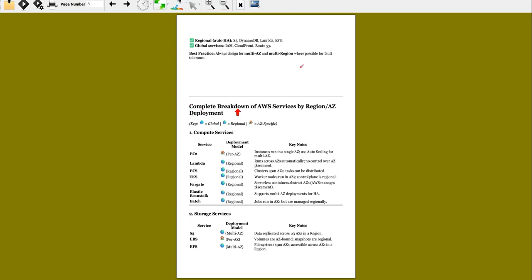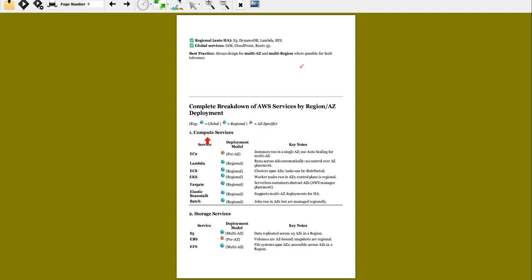This is a complete breakdown of AWS services by region and availability zone deployment, right? Some are global, some regional, and some availability zone specific. So let's go through a summary of what we discussed.